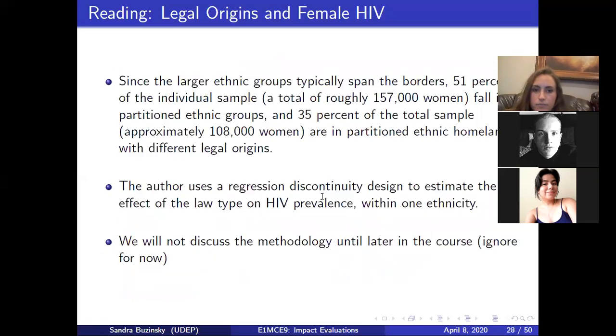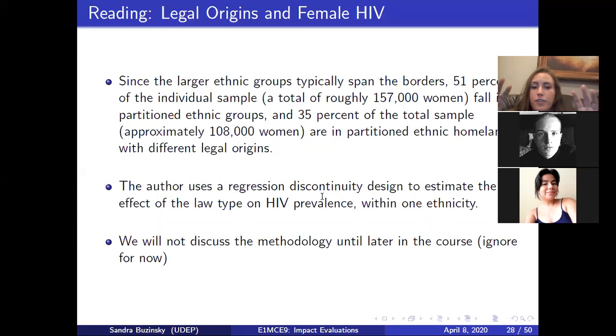All right, so basically it's looking at the ethnic groups. The larger the ethnic group, the more likely it is to be across two countries. So she finds that 51% of the sample, approximately 157,000 women, fall into partitioned ethnic groups, so ethnic groups between two countries.